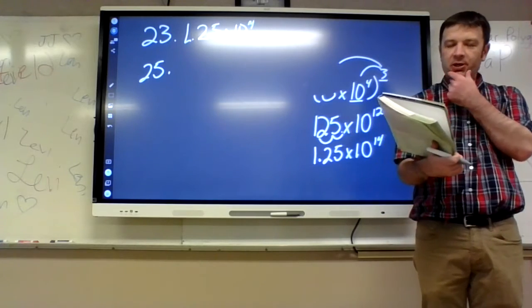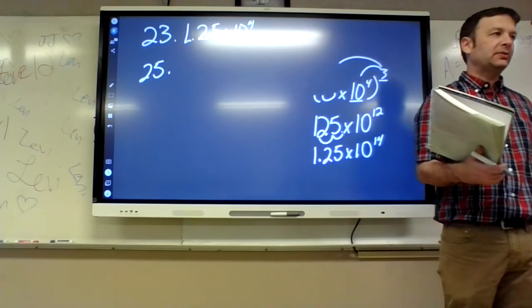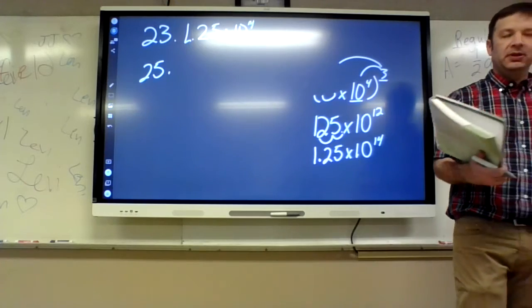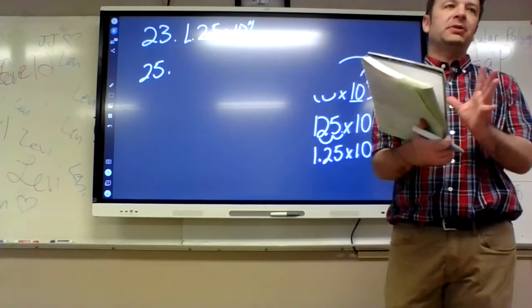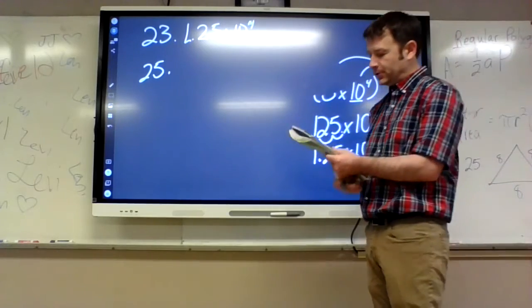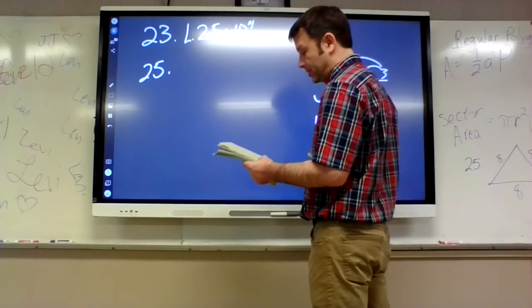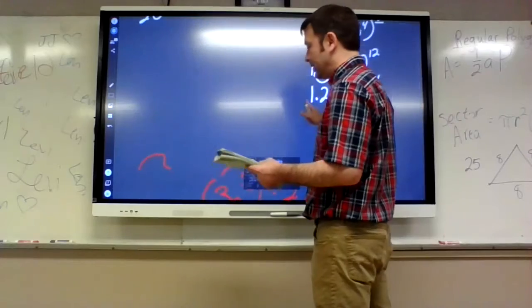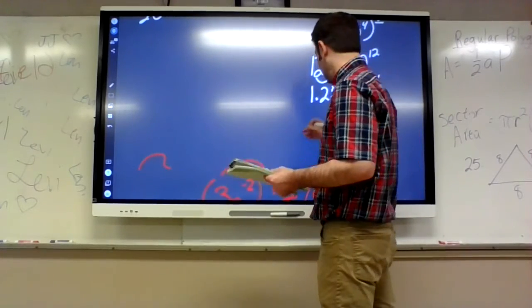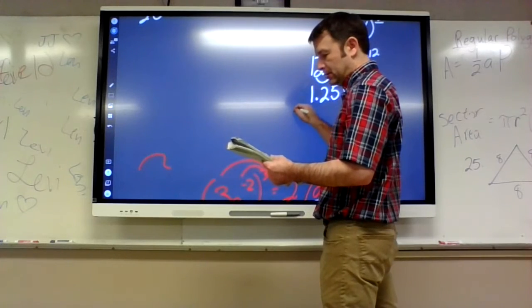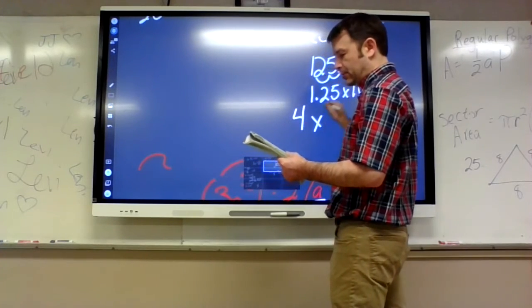You can only add and subtract like terms. So if they're both 10 to the third, you can add those together. Unfortunately, on 25 and 24, they are not like terms. Again, if this confuses you, just put it in your calculator, hit equals, and then fix it. But here's how you would do it without a calculator.